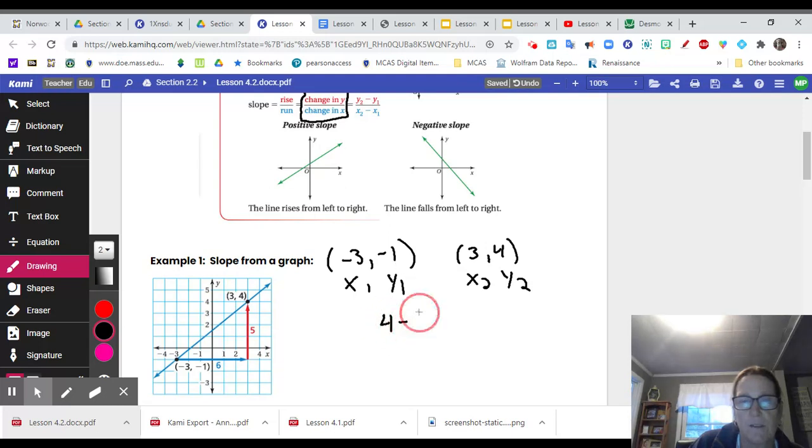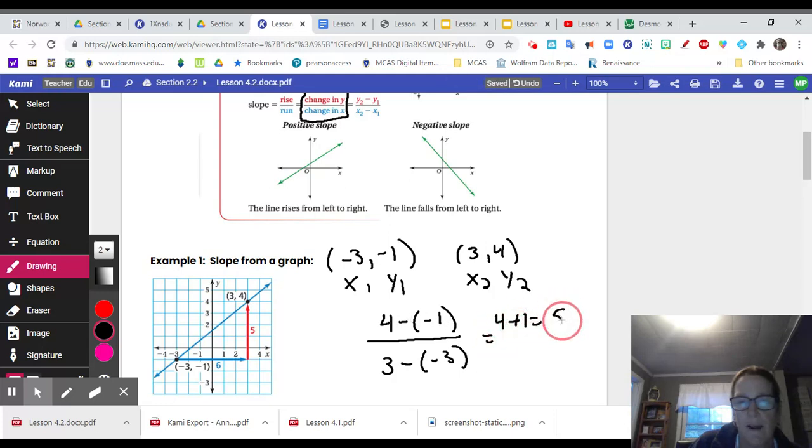And I have to be careful because there are some negatives in here. y2 minus y1, x2 minus x1. Keep change opposite. 4 plus 1 equals 5. 3 plus 3 gives me 6. So we say this line has a positive slope of 5/6.